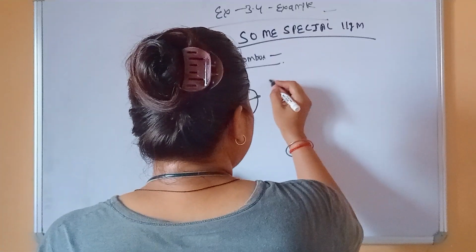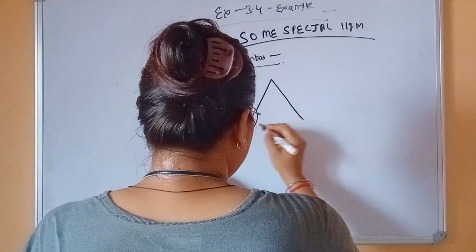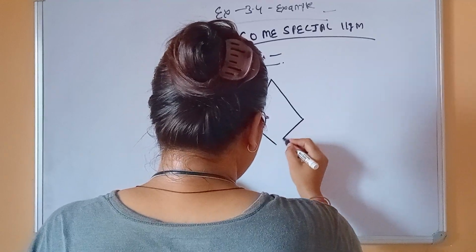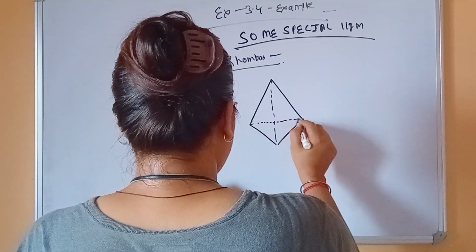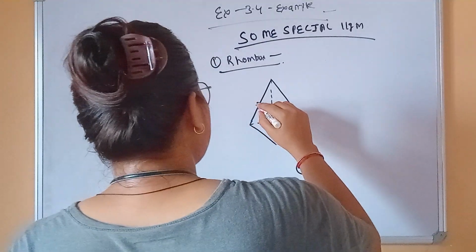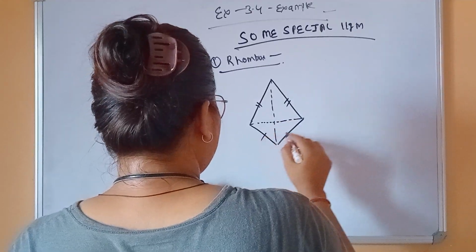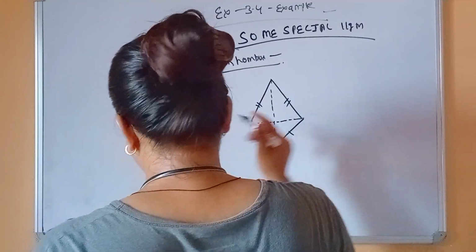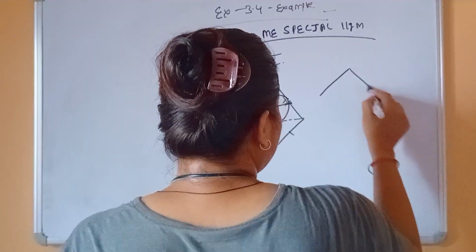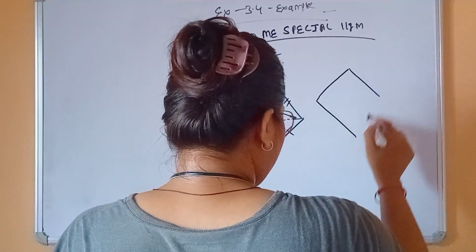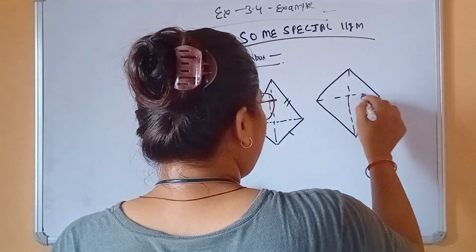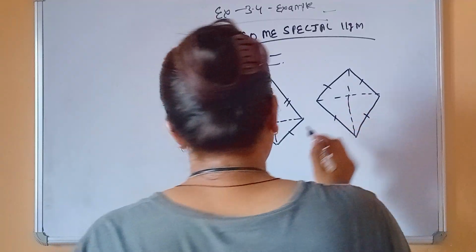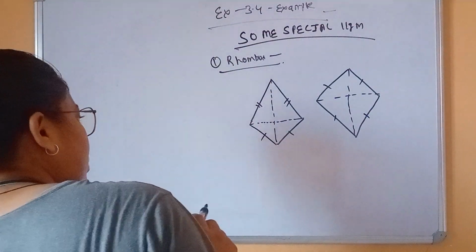Make 2 kites. Okay, so here we make 2 kites. From the 2 kites we understand there are 2 sides that are equal.